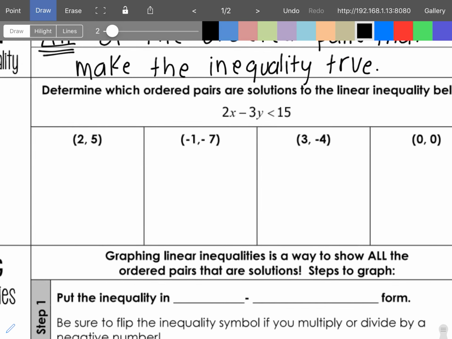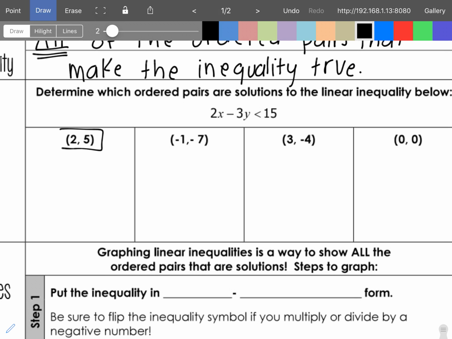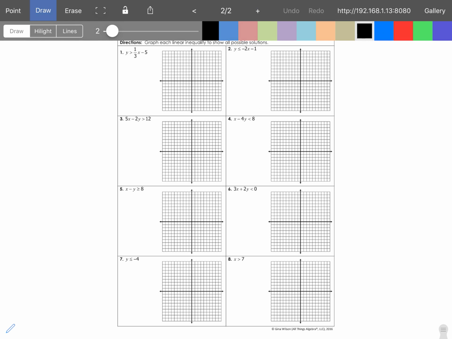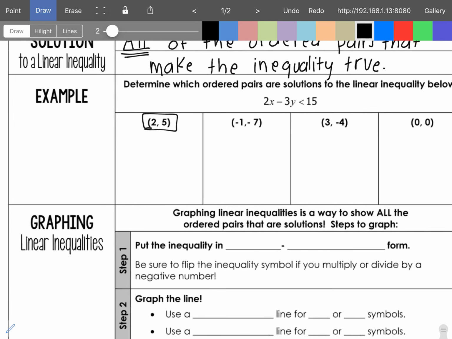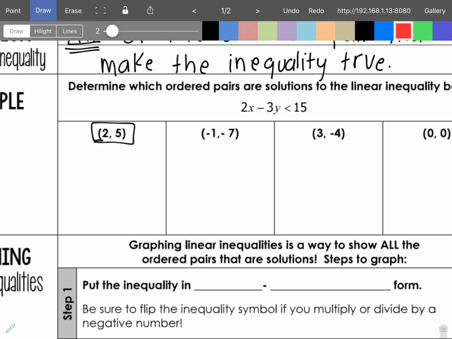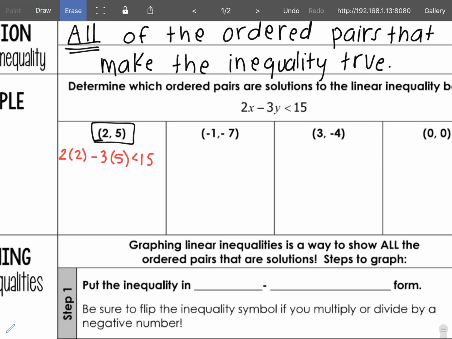If we were going to see if this ordered pair is a solution to this linear inequality, we're going to plug in 2 for x and 5 for y. So 2 times 2, which is x, minus 3y is less than 15. All I did here was plug in 2 for my x and 5 for my y.